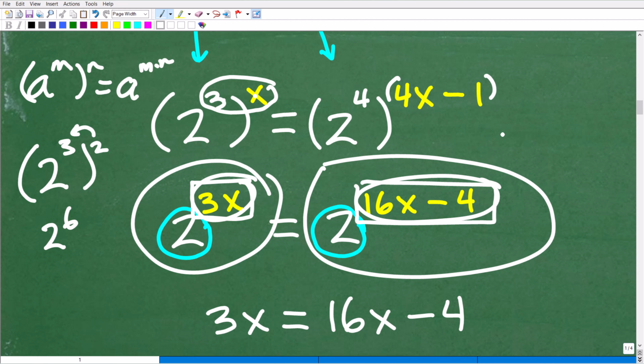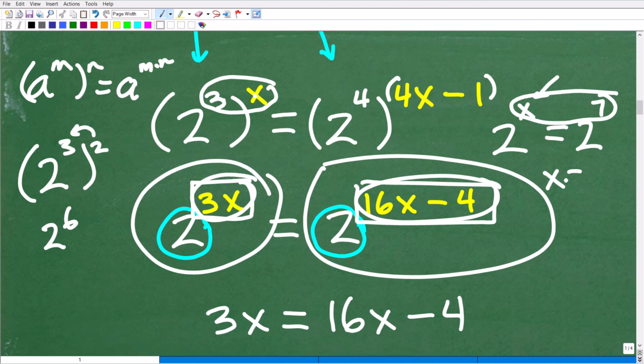If I have 2 to the x is equal to 2 to the 7th, I can only have this situation, 2 to what is equal to 2 to the 7th. The left-hand side is the same as the right-hand side in value, so x must be equal to 7. So here we can simply equate the exponents, and that's exactly what we're going to do.